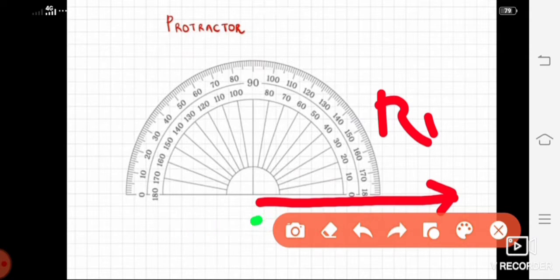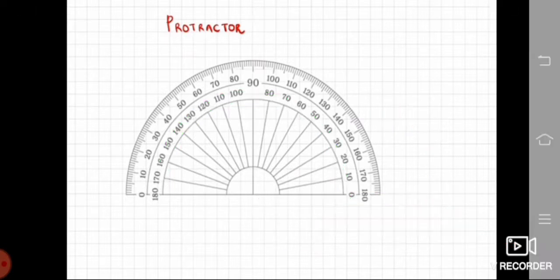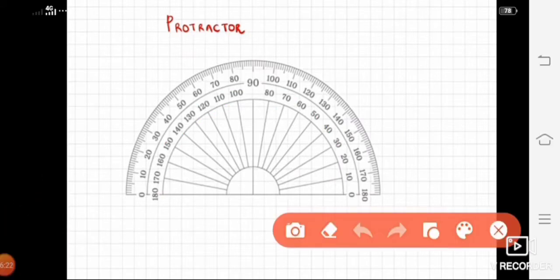So now students, I am going to see the right hand side 0 to read the markings. So now I will be using the inside 0, because my ray is at the right side. So I am going to see the right side 0, that is the inside 0. Now suppose if my ray is in this way.